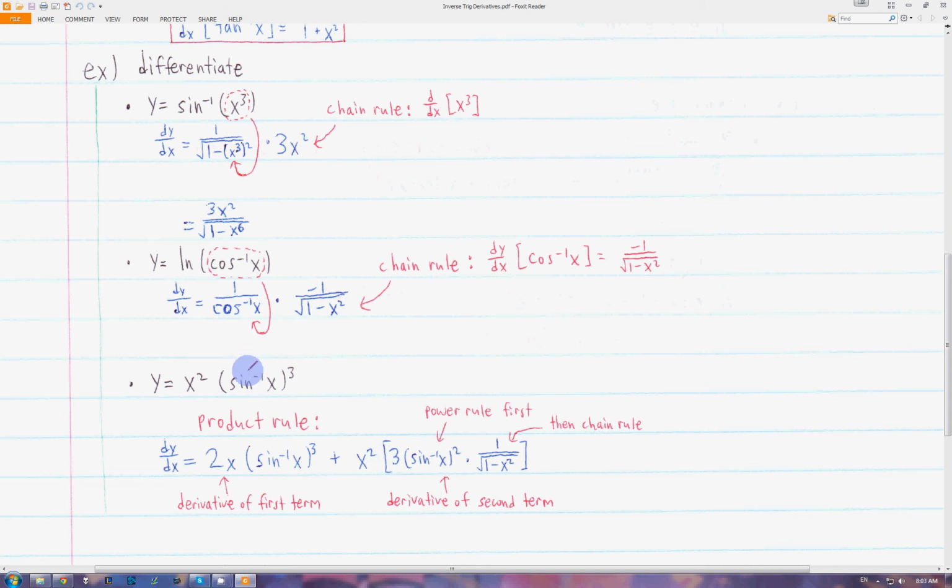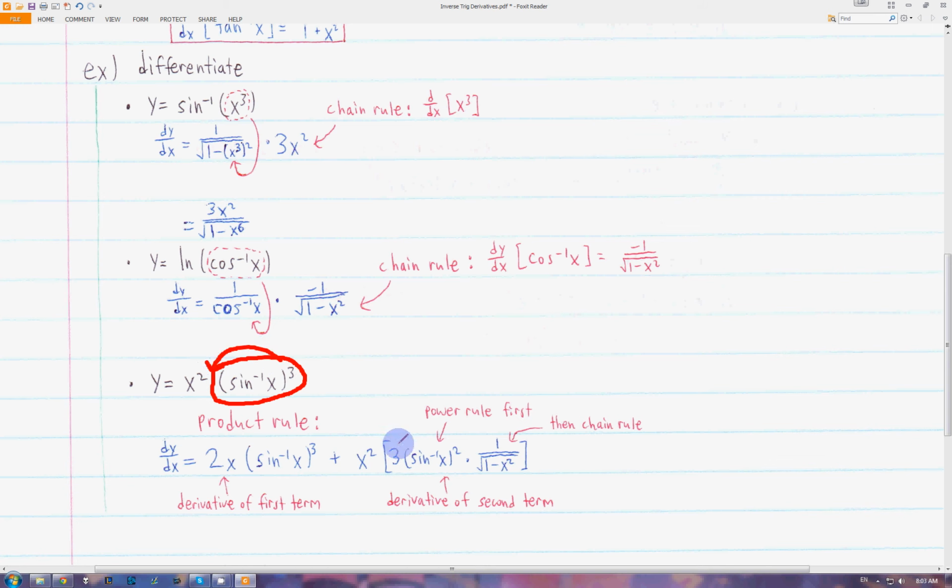And to differentiate this term, we're going to have to use the chain rule, since we have two functions inside each other. So the outside function is just something cubed, and from the power rule we know that the derivative of something cubed is just 3 times that something squared. We just move the exponent down.